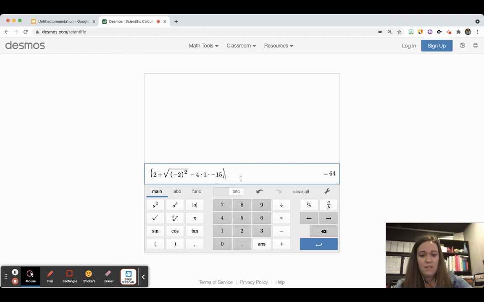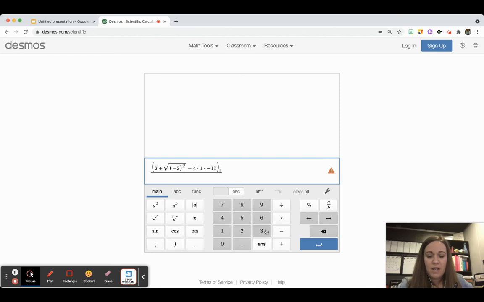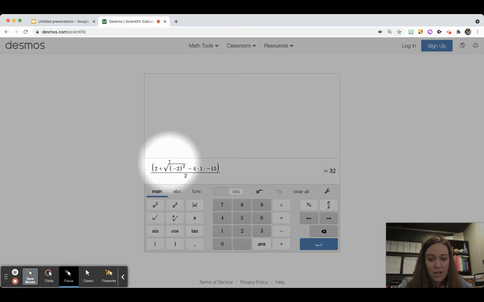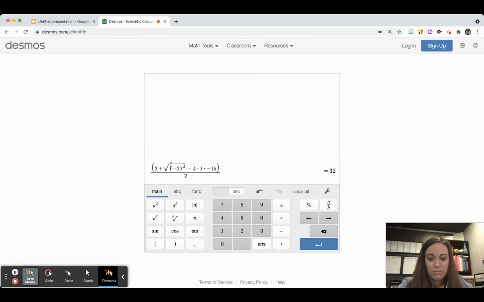Close my parentheses, divided by 2a. How did that get there? Okay, so we have 30. Be very, very careful about how you enter in the calculator. I'm just going to start all the way over. Something that I see right here is that this particular Desmos calculator did not extend that, or the way I keyed it in did not extend that square root sign.